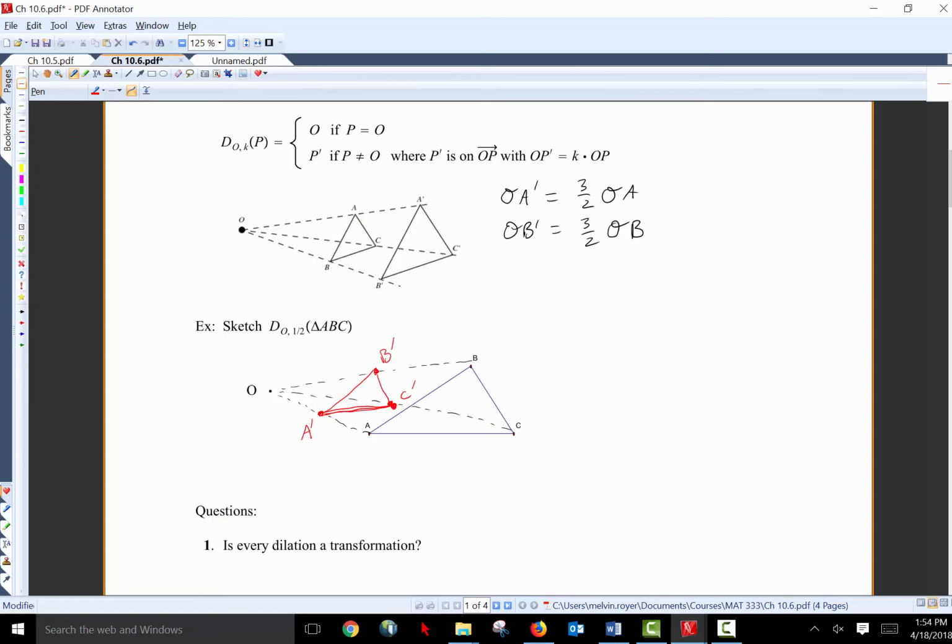I'm off just a little bit. And you might already be starting to be suspicious of something. These triangles look very much alike. They're not the same size, but they look like they may have the same shape. And so the idea of similarity should be starting to bubble in our minds.